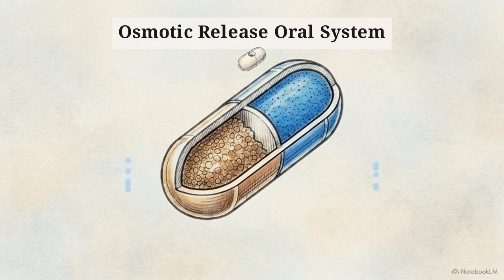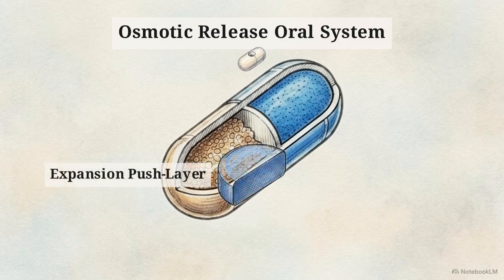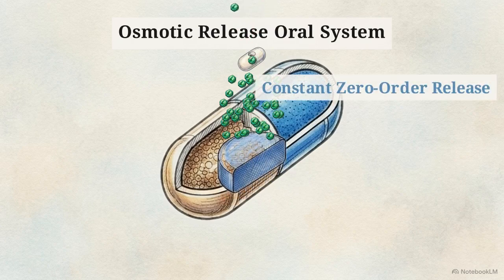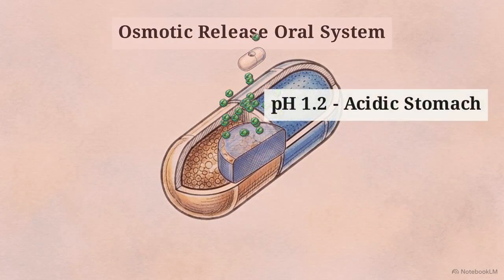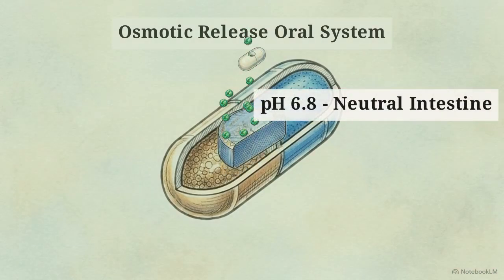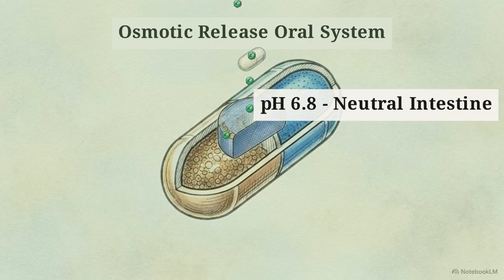As fluid enters through the semi-permeable membrane, it expands an internal push layer. This creates internal osmotic pressure, acting like a microscopic piston that forces the drug out of the orifice at a perfectly steady rate. Crucially, this osmotic delivery mechanism is entirely independent of the surrounding gastrointestinal pH. Whether in the highly acidic stomach or the neutral intestine, the release rate remains constant.